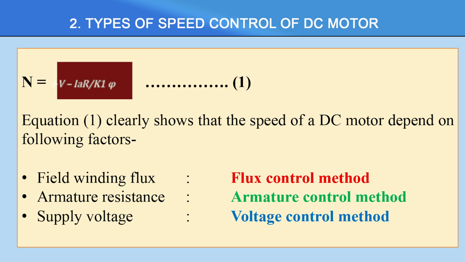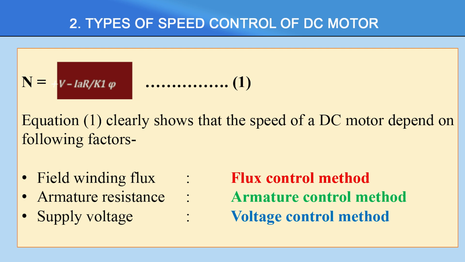In equation number 1, the K1 value is a constant, it will not play any role in the speed control of the motor, whereas phi is the flux. Flux may play a role in the speed control of the DC motor.